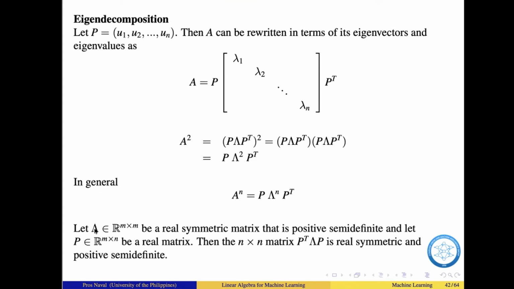Let lambda be an n by n real symmetric matrix that is positive semi-definite, and let P be an n by n real matrix. Then the n by n P transpose lambda P is real symmetric and positive semi-definite.